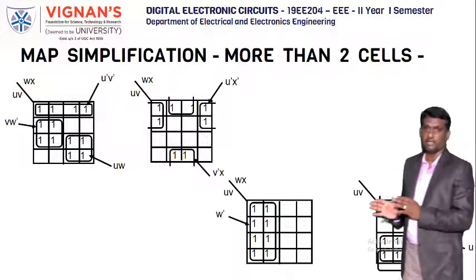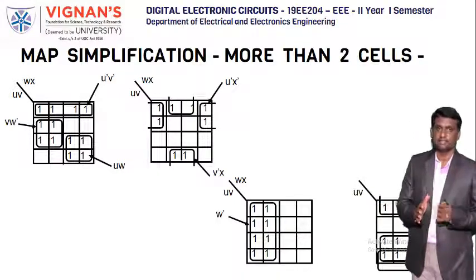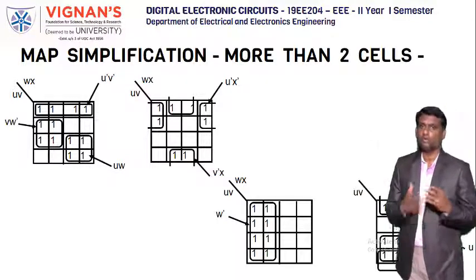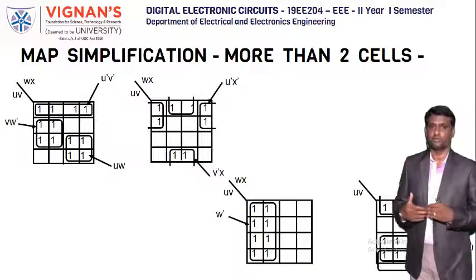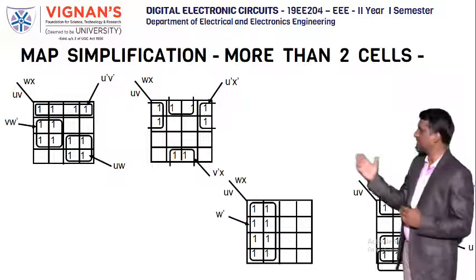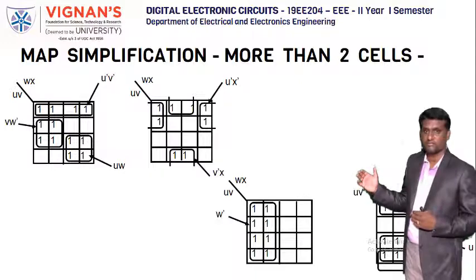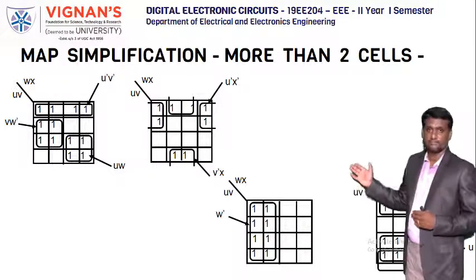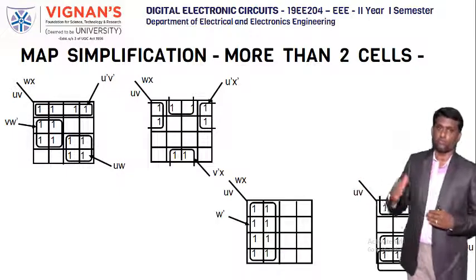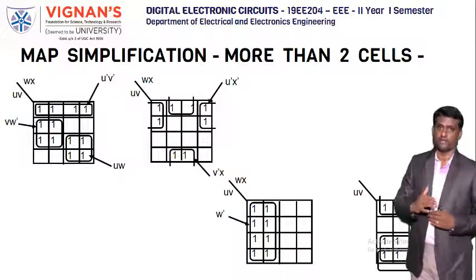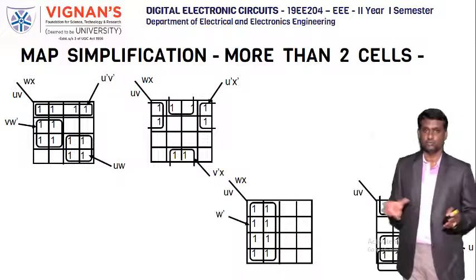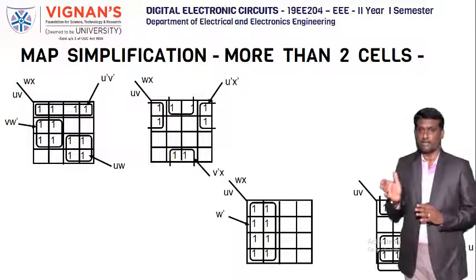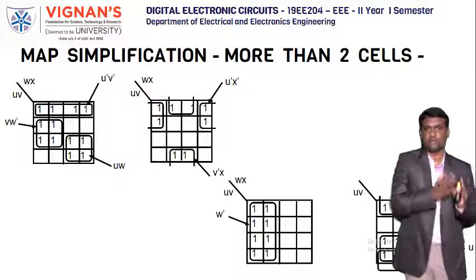Okay. Similarly, if you observe the second K-map, here also 4 cells are grouped. If you observe the first column and second column having 1 1 and the last row, fourth row having 1 1, those two are merged. That means the first row consists of 1 and 1 and the last row consists of 1 and 1.